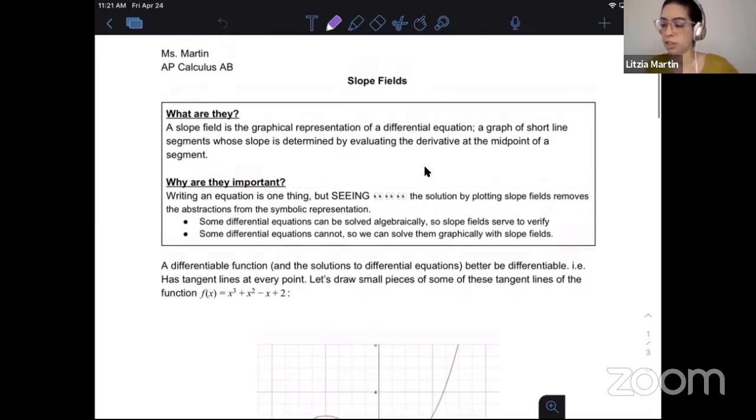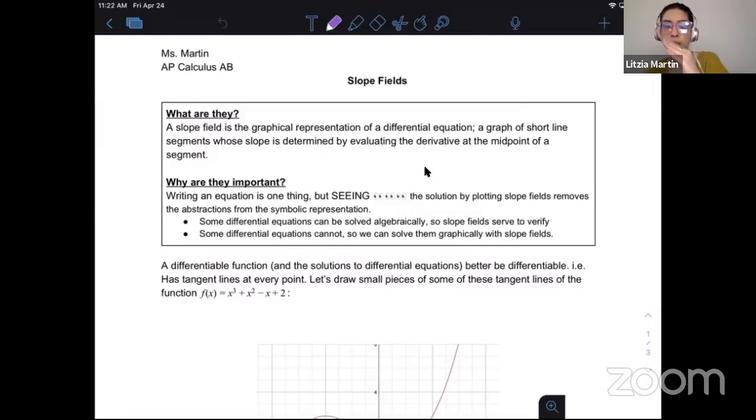So, slope fields. What are they? A slope field is basically a graphical representation of a differential equation. It shows all of the different slopes that are represented by that differential equation. It's seen as a graph with short little segments.